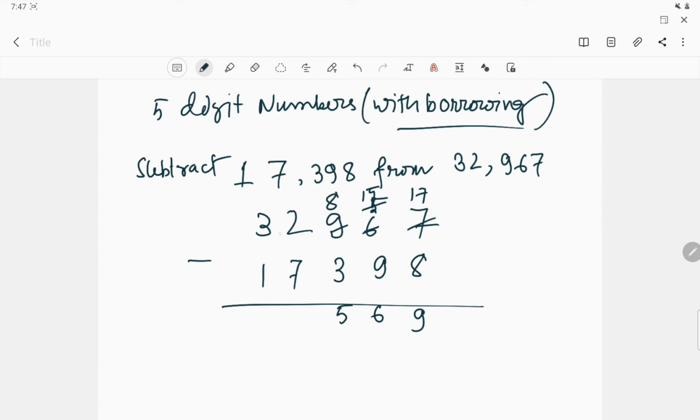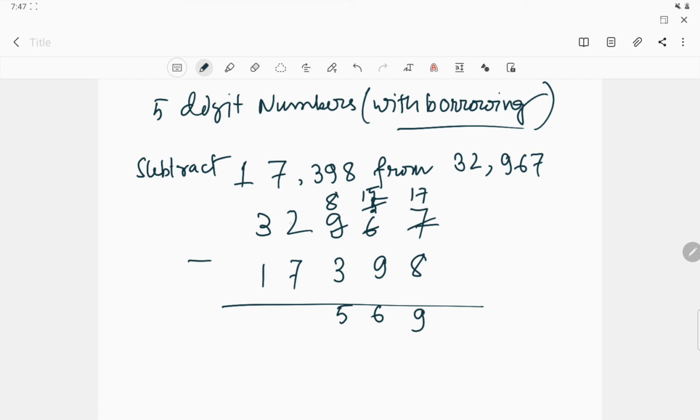In the 1000 place, 2 is less than 7, that is you have to borrow 1000. So you have to borrow not 1000, that is 10,000, right?